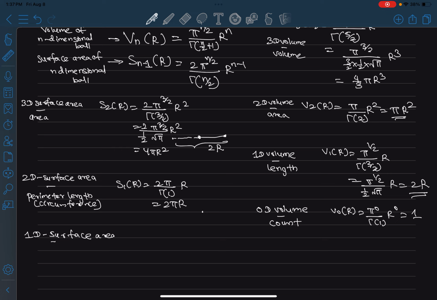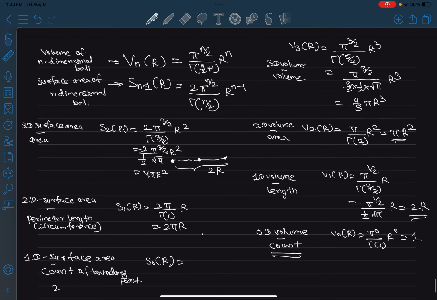There are two endpoints. From the previous intuition, it should be the count of boundary points, and there are two boundary points. So the 1D surface area should be two, just a count with no units. And if you use the formula for the 1D surface area, it will be exactly 2.